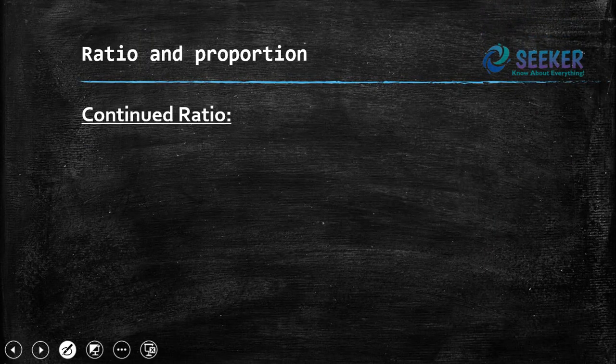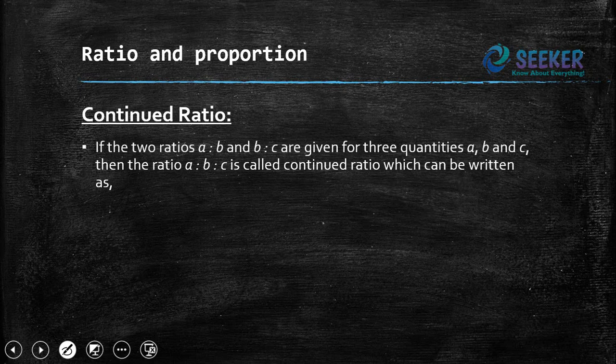Now here is a special type of ratio that is known as continuous ratio. Suppose the two ratios A ratio B and B ratio C are given for three quantities. Here we have two ratios and the quantities are 3.